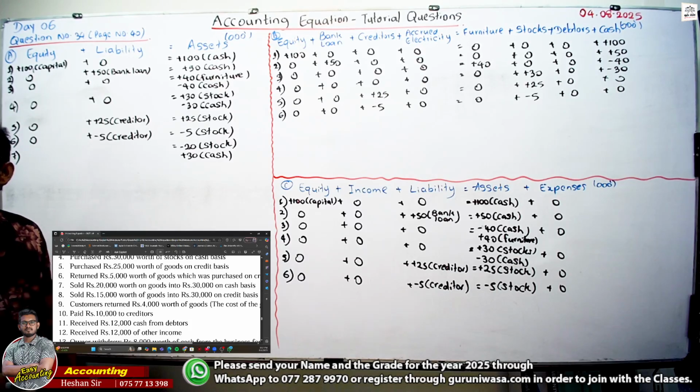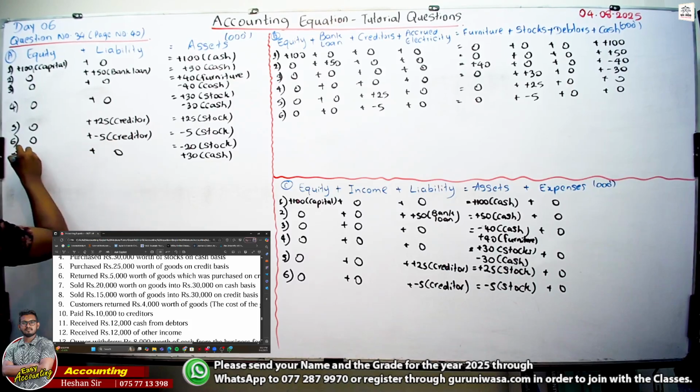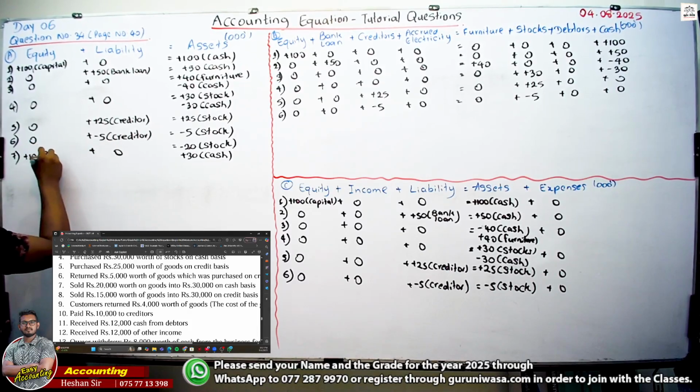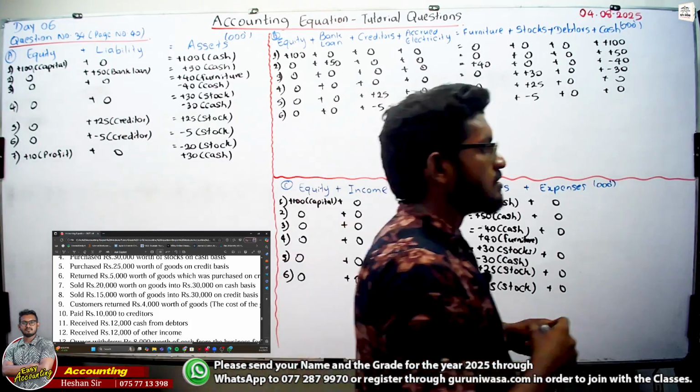So there is a 10,000 profit. We add it under equity. Is it clear to you guys?